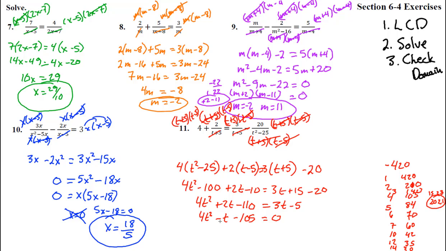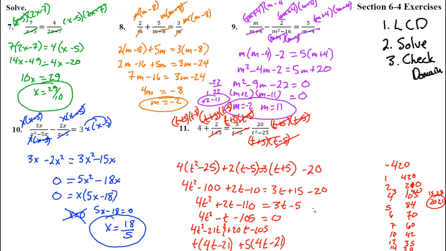So this minus t breaks up into 4t squared minus 21t plus 20t minus 105. Chainsaw, we know how to do this. Cut that in half, we get a t times 4t minus 21 and plus 5 times 4t minus 21.